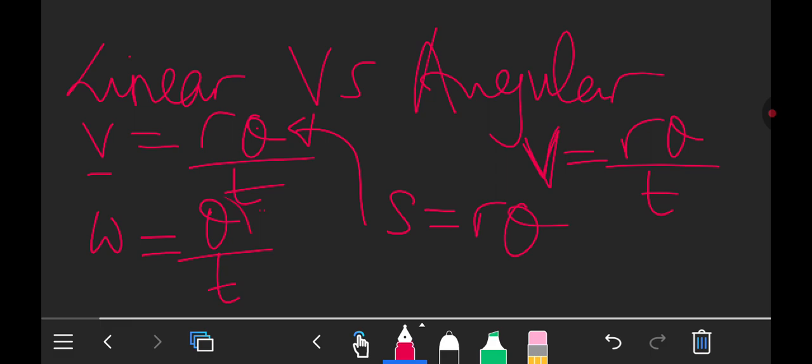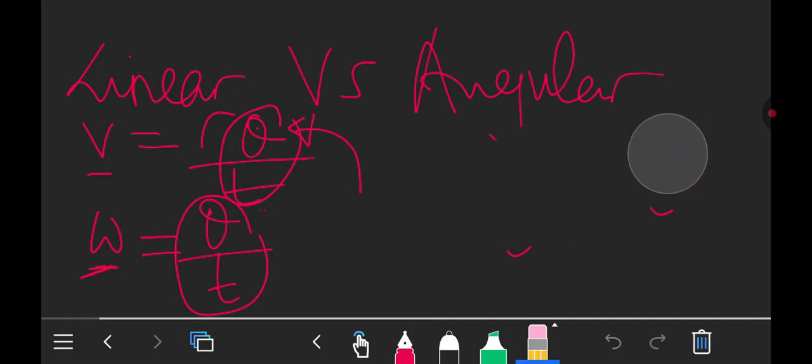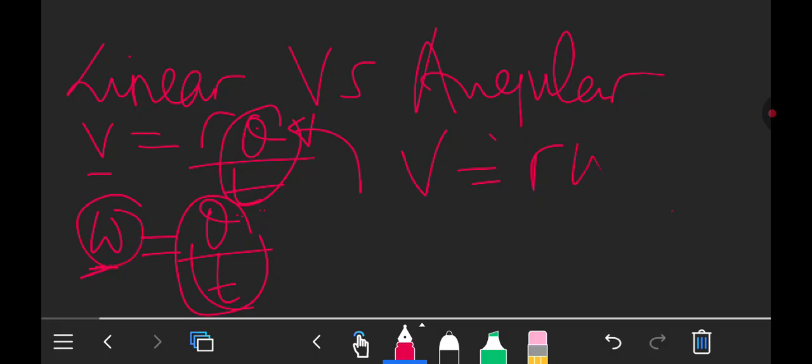Now let me substitute this theta over time there, where there is theta over time. I'll substitute now this omega. So what I'm going to have is velocity is equal to r, which is the radius, multiplied by theta over what? It was angular displacement over time, but angular displacement over time is just omega, so it will be multiplied by omega. So we need to understand this equation, very important.